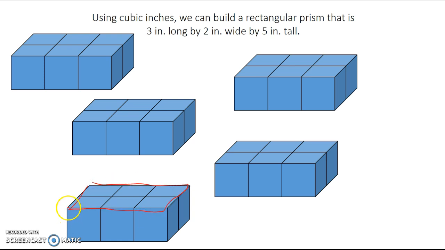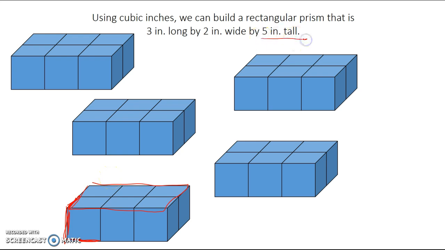Notice these little things that I'm building with, these cubes, have a base, a width, and a height. Okay. All right, so here we go. This is one of my 3 by 2s.